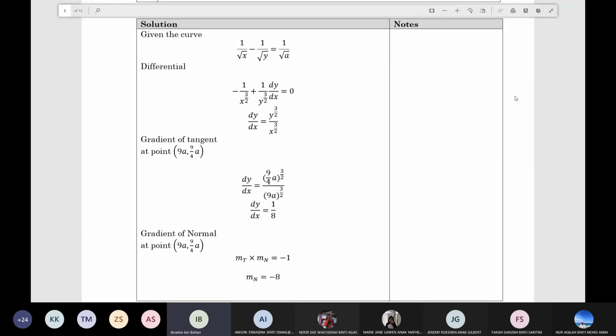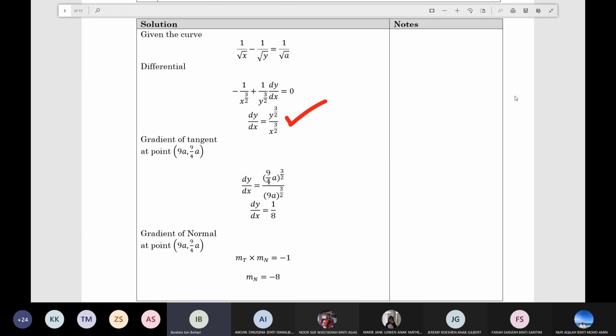Okay, question 4. Show that the equation of the normal is 4y plus 32x equals 297a. First, find the first derivative. The first derivative is y to the power of 3 over 2 over x to the power of 3 over 2.